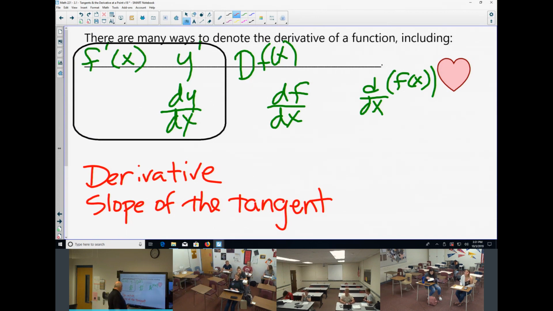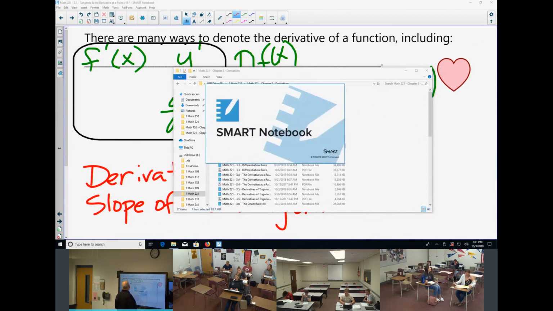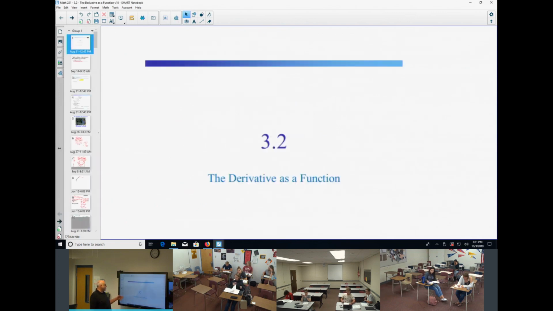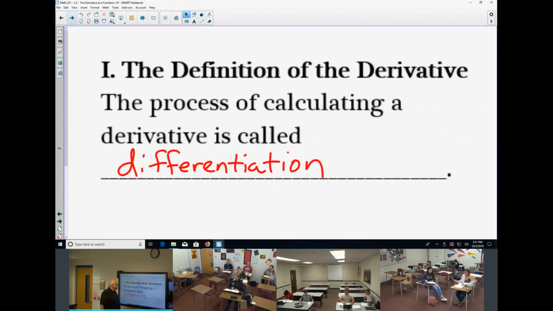Okay, so now I just want to make the transition to 3.2, because we're really keeping on talking about the same thing here. So, the derivative as a function. The process of calculating a derivative is called differentiation.